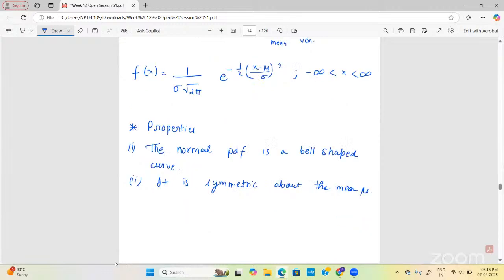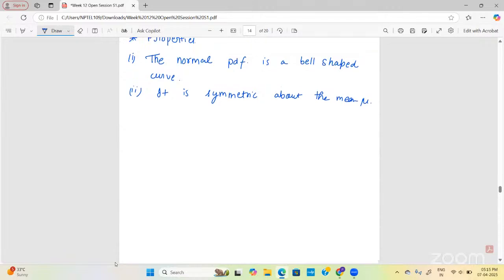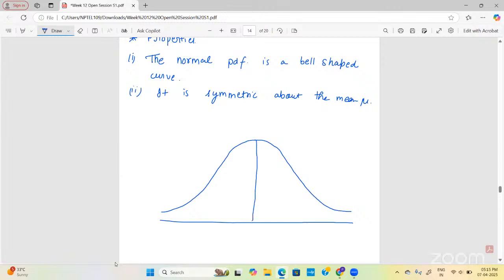If I make the graph of it, this is the x-axis, and it is something like this, bell shape. And symmetric about the mean means this is the x equals mu line. This is mu.